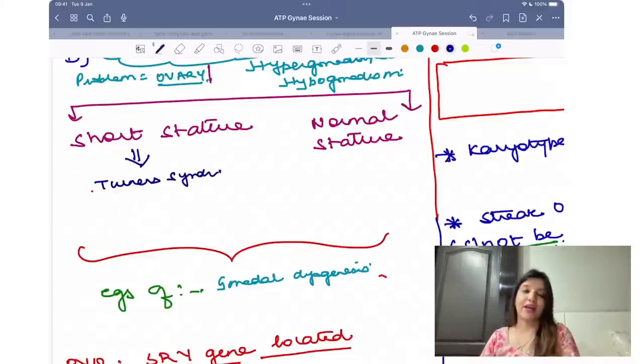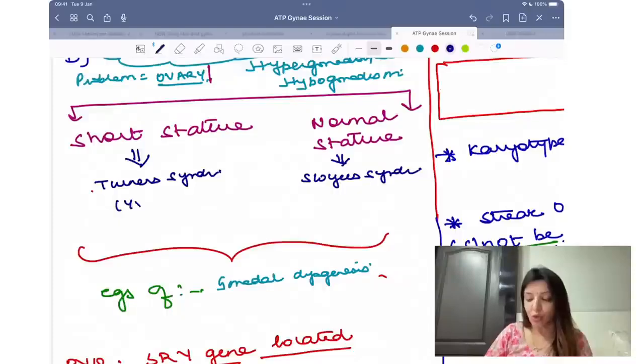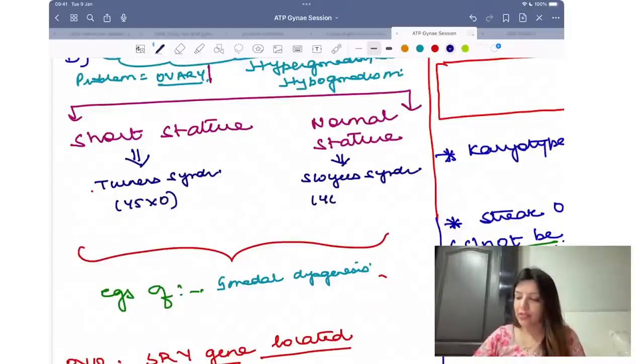If the question says normal stature, that means Swyer syndrome. Turner syndrome karyotype is 45XO. Swyer syndrome is 46XY.